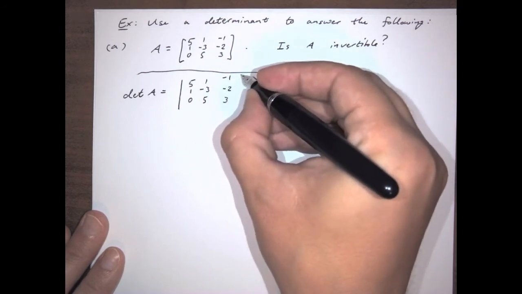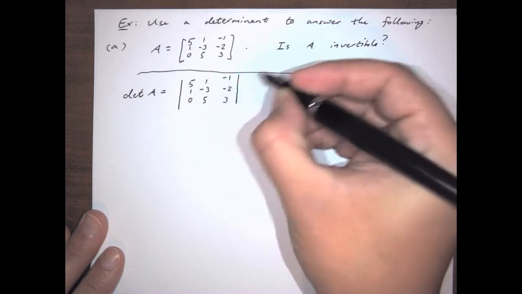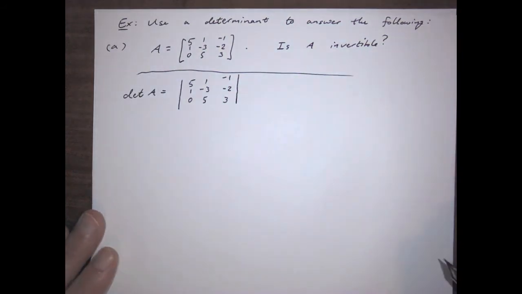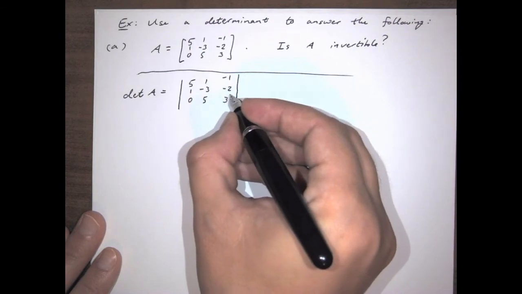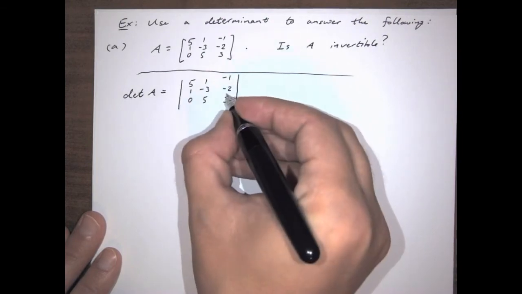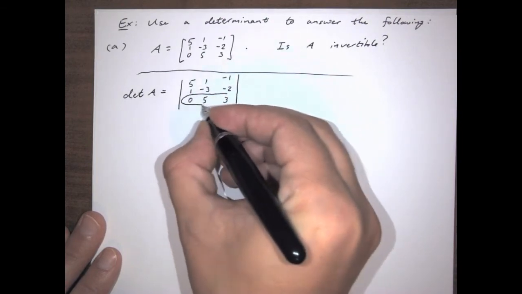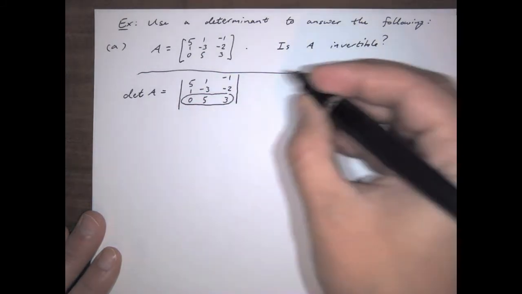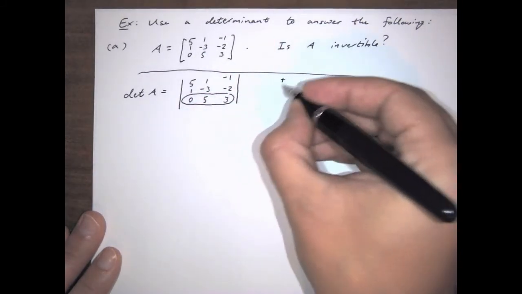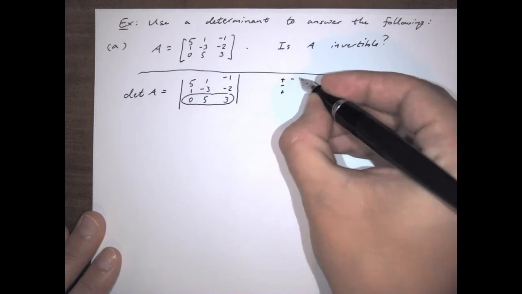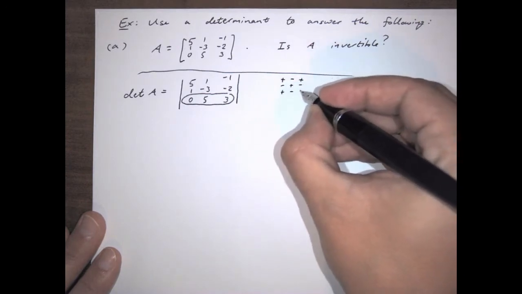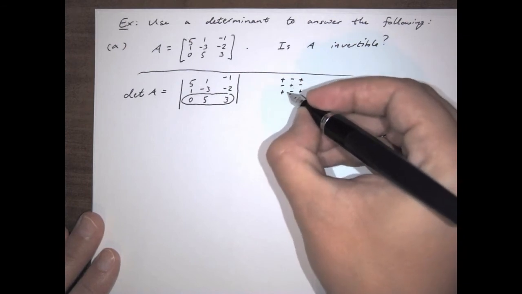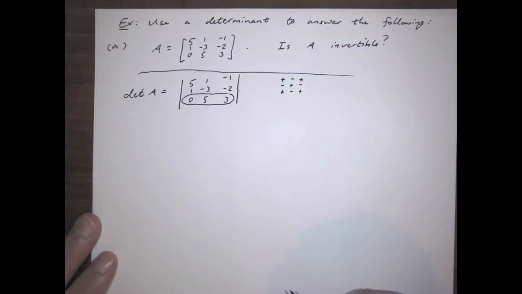Now we can have our pick of which column or row we wish to expand along, and I like the look of maybe row 3. Now the checkerboard, plus, minus, plus, minus, plus, minus, plus, minus, plus, will be our indication of the signs of the cofactors.